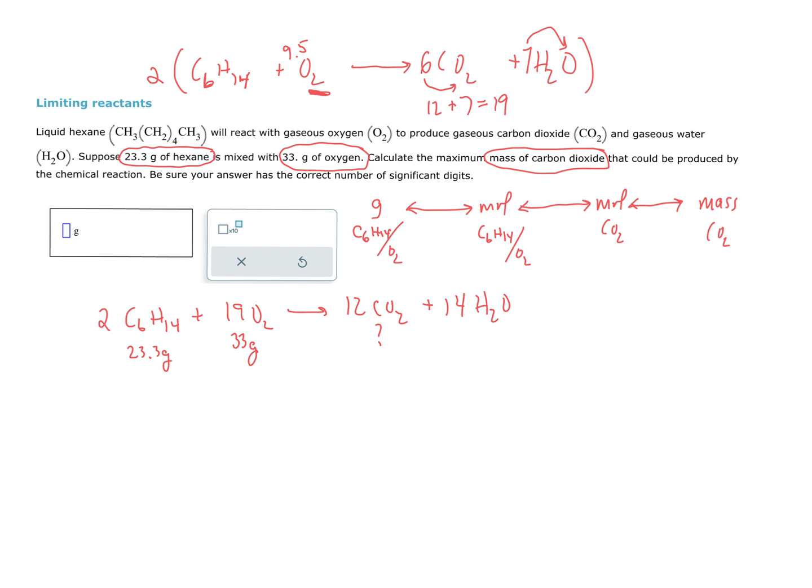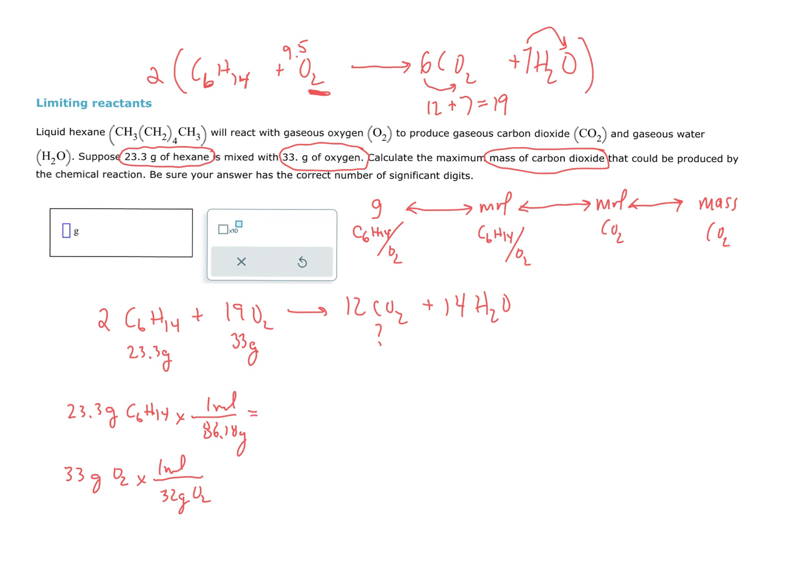So we'll start these calculations off. 23.3 grams of hexane. I've got 33 grams of oxygen. Right, oxygen is 32 grams for 1 mole. And hexane is approximately 86.18 grams per 1 mole.